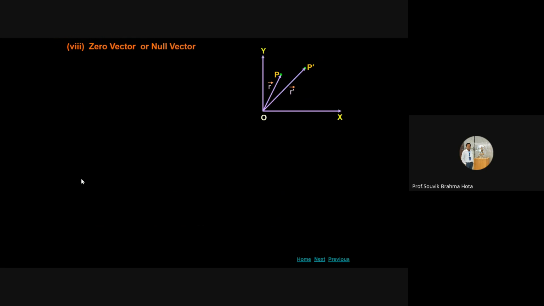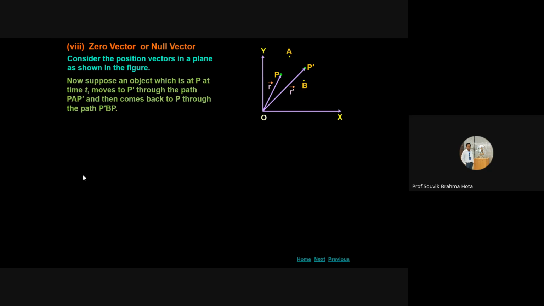Now zero vector or null vector. Consider the two position vectors in the plane, OP and OP dash, that means r dash and r. These are the two position vectors. Suppose an object which is at P at a time t moves to P dash.